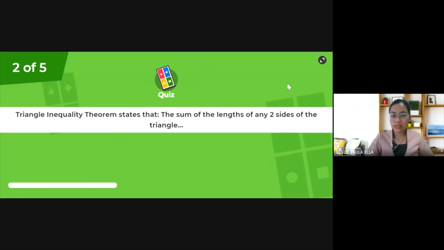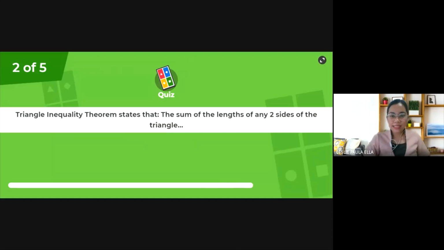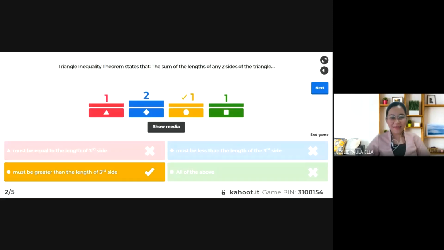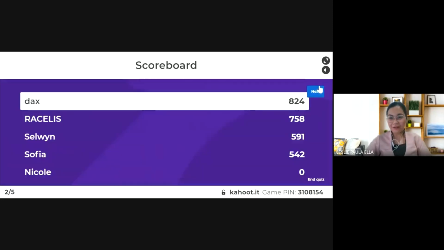The triangle inequality theorem states that the sum of the lengths of any two sides of the triangle must be greater than the length of the third side. Who's the leading? We have Daryl and Kate.